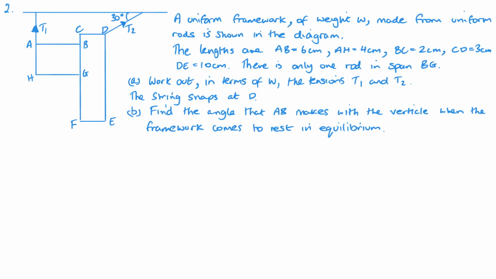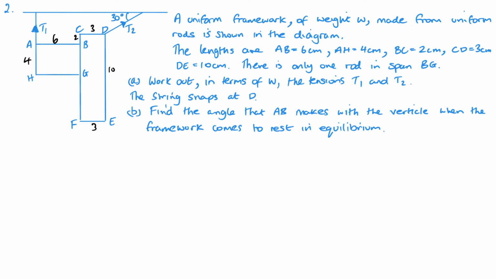Now, final question. Hopefully not too difficult, but this time we don't have two vertical tensions here, two strings. So that will have a small impact as we go through it. Now let's start off by putting in my values. So AB is 6, AH is 4, BC is 2, CD is 3, and DE is 10.